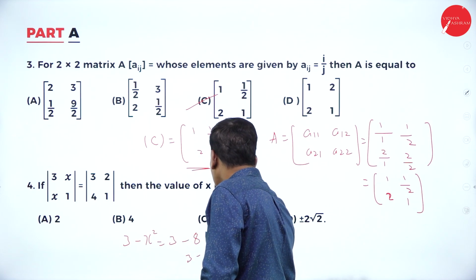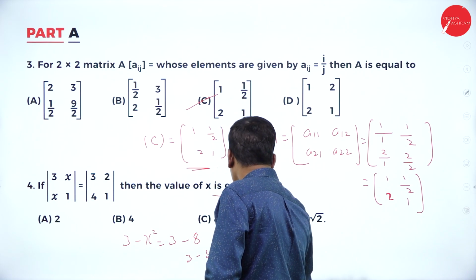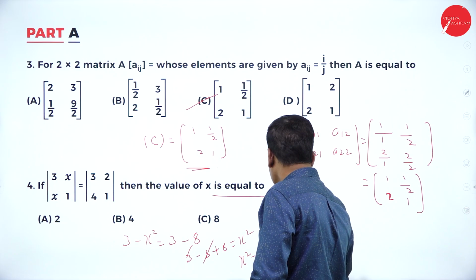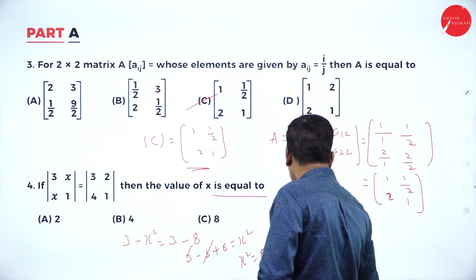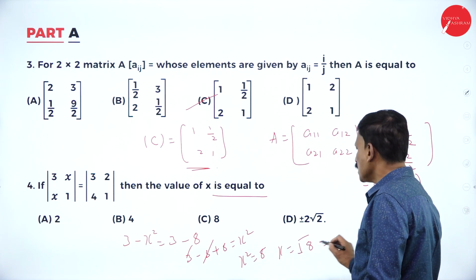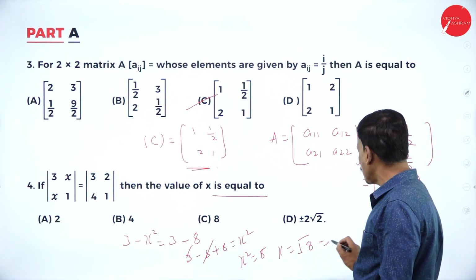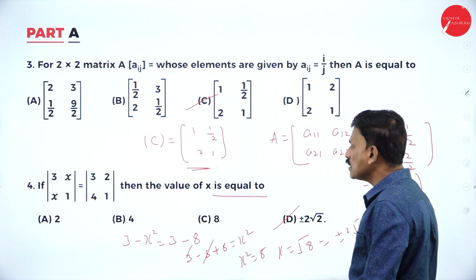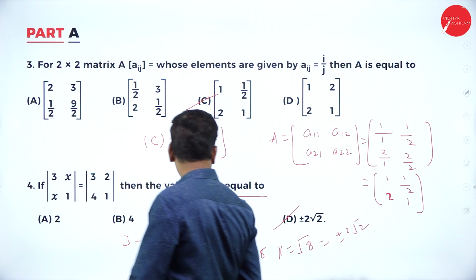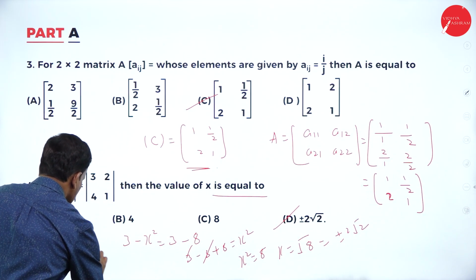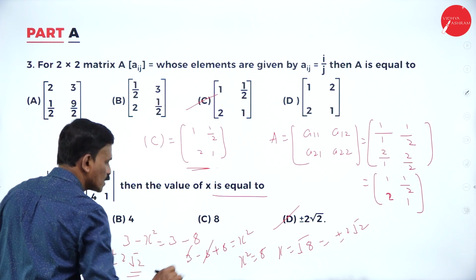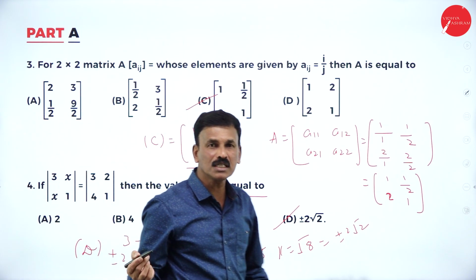So 3 minus 3 plus 8 is equal to x square. Minus 3 plus 3 gets cancelled. X square is equal to 8, which means x is equal to root 8. Root 8 can be written as plus or minus 2 root 2. The answer is plus or minus 2 root 2. So the correct answer for this is D. Now move on to the next problem.